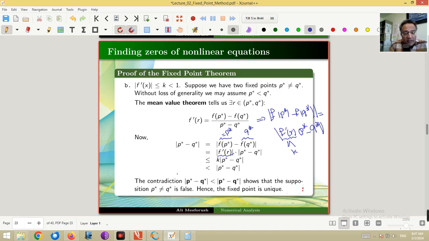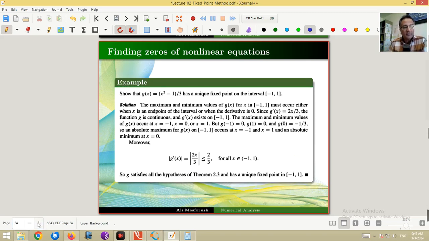So in fact, we get the absolute value of p star minus q star is less than the absolute value of p star minus q star. And this is the contradiction, because this cannot be less than itself. It should be less or equal. This is the contradiction. In fact, the assumption that p star is not equal to q star is not true, and they should be the same. And this completes the proof of the theorem.